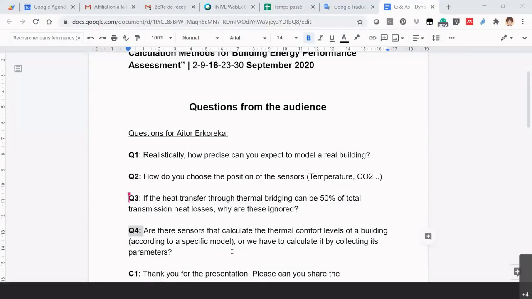And if they are introduced in the standards of each country, then if you identify that your real UA value is much bigger than the design value due to thermal bridges or other problems in the building envelope, it will be very useful because the construction company or the architect, depending on who is responsible for this discrepancy, will have to respond for the discrepancy between the real UA and the design UA.